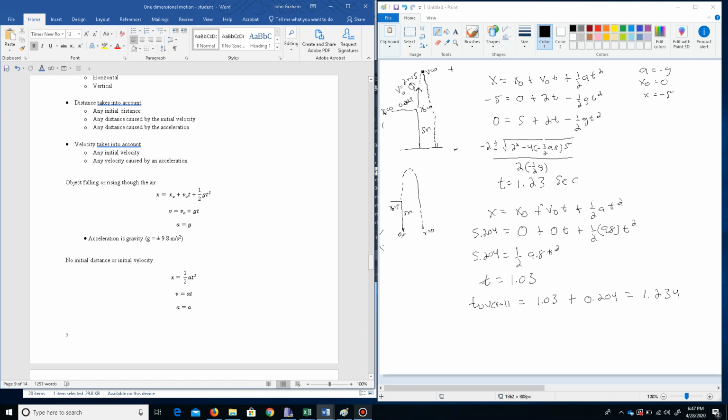And if it's dropping, you know the acceleration because it'd be gravity. And then the velocity equation with no initial velocity is just v equals at, right? Which makes this a lot easier to handle when you know these things are zero. So a lot of times we set up problems where we make certain things equal to zero because it just makes it easier.